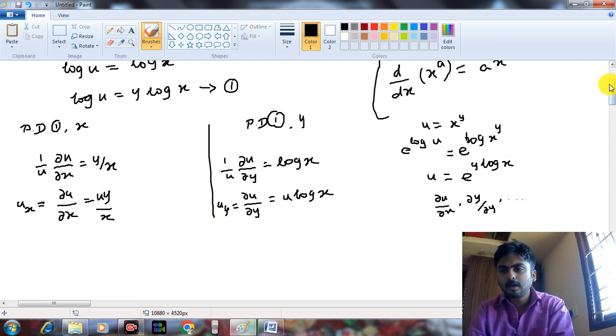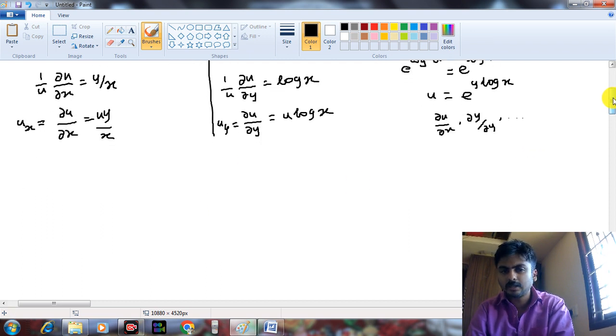Now we have to differentiate this again with respect to x, that is, we are differentiating partially equation number 2 and equation number 3 with respect to x and y respectively.